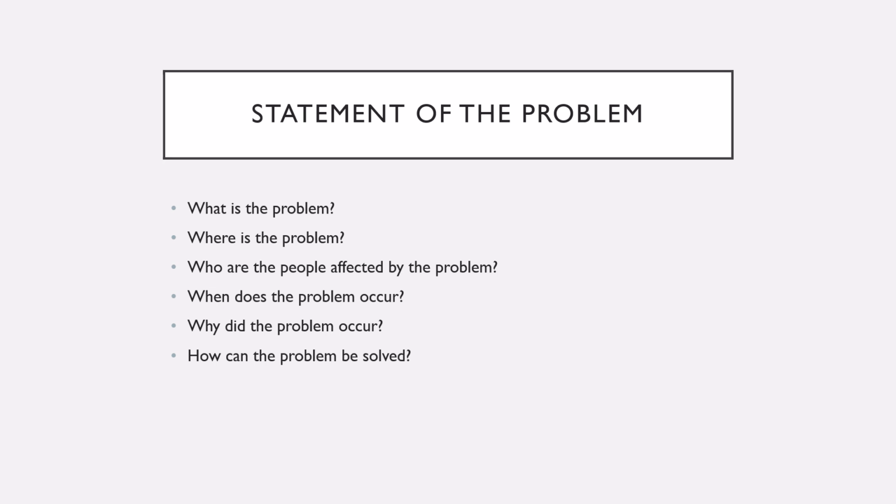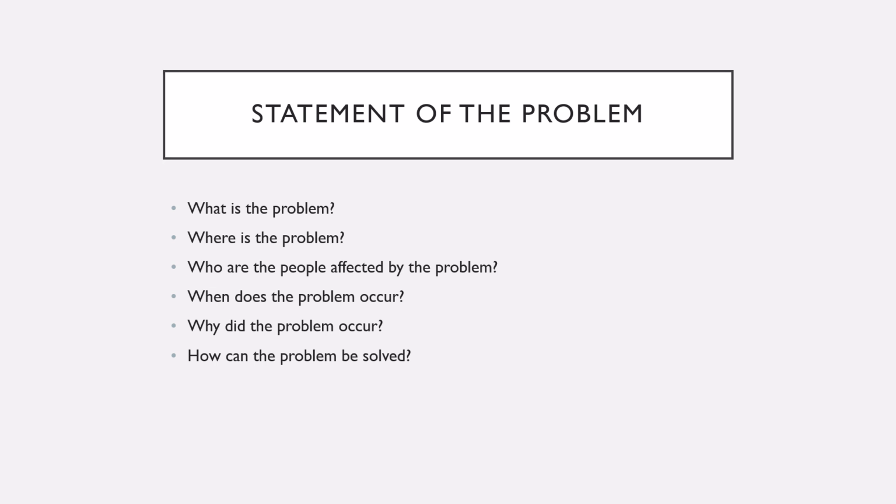The next subtopic under chapter 1 is the statement of the problem, because like I said earlier, we are looking at each subsection of each chapter using the 5 W's and H technique. The statement of the problem is the heart of your research.